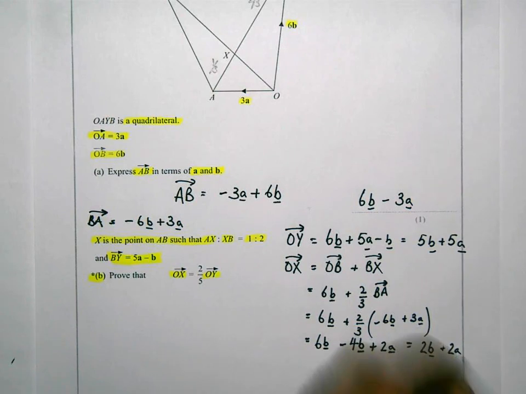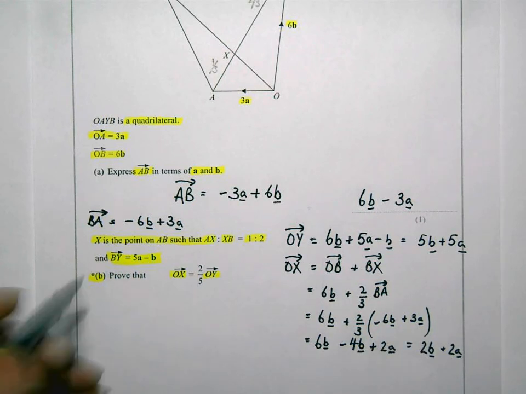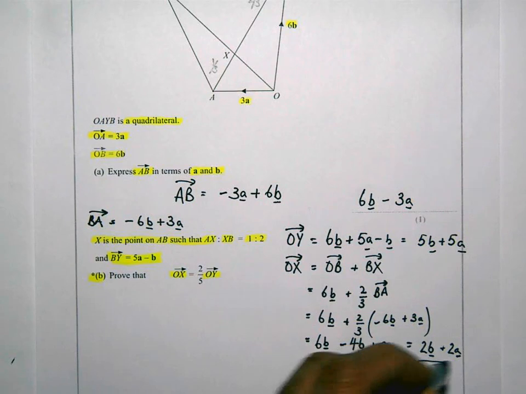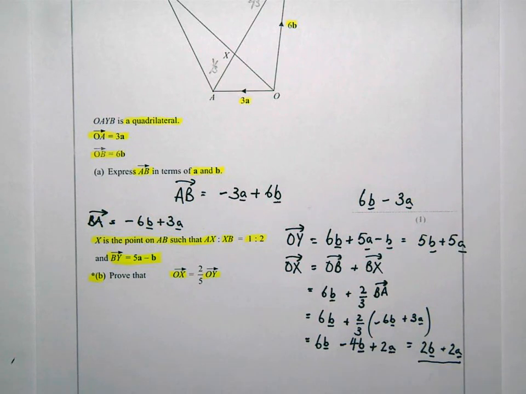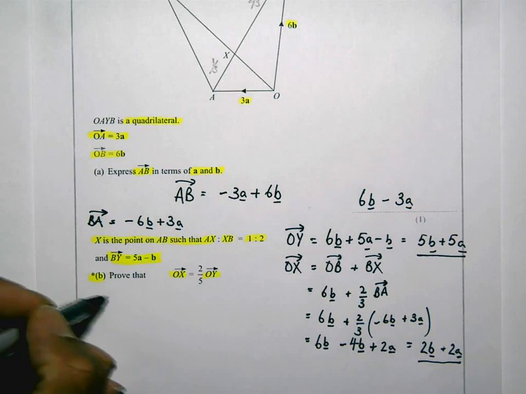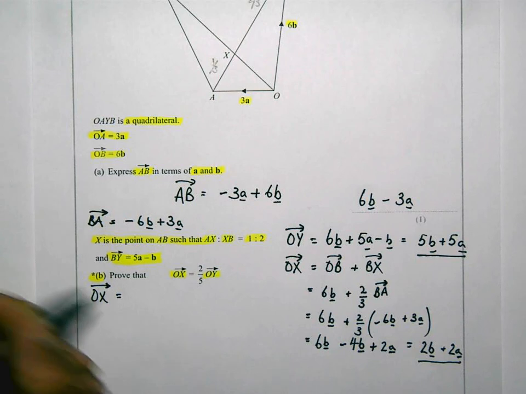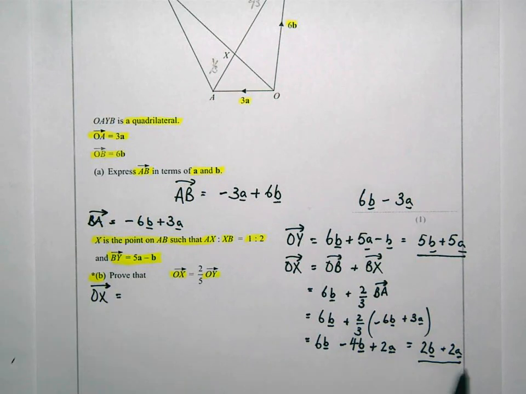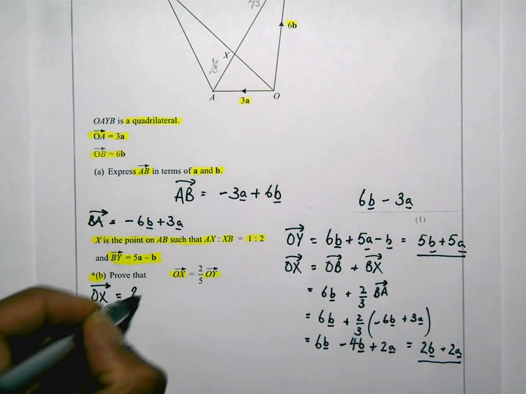So I'm going to actually write down what I've worked out here. I've worked out OX over there, and I've worked out OY over there. So just put this in. OX is, I'm going to write it the other way around with A first, 2A plus 2B.